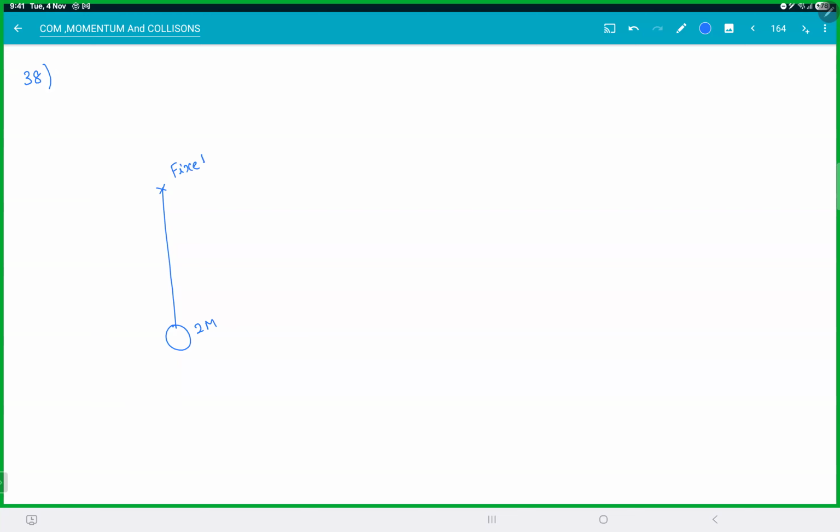This is a string of length L. So here we have a ball of mass m. It's coming with speed u and collides with this. And let's say e is equal to half. So find u minimum so that the pendulum completes a vertical circle after the collision. So this ball will come and collide, and this 2m I want to go in a circle.